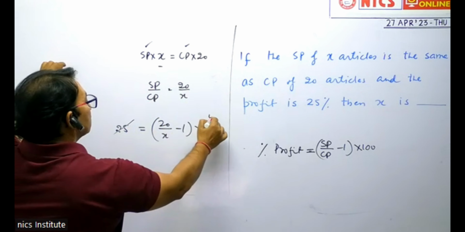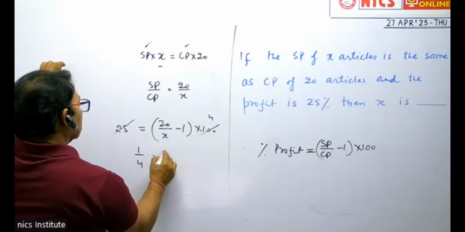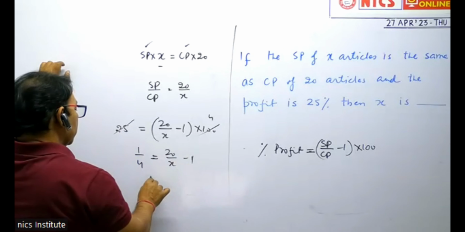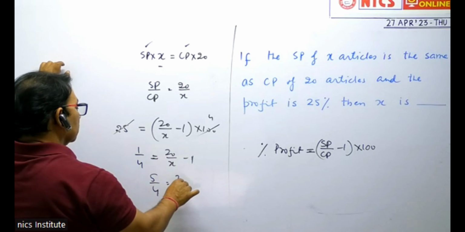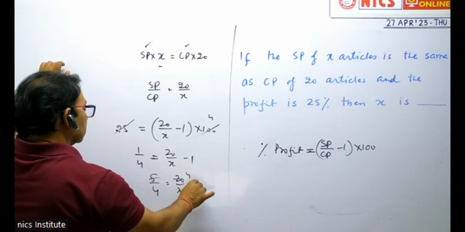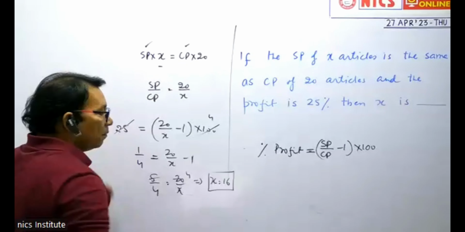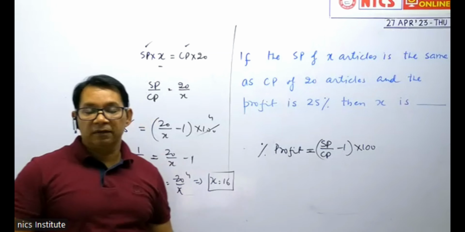This cancels, this is 1 by 4. 20 by X minus 1. We bring 1 to the left side, we get 5 by 4. And the answer is 16. It can't be more than 20 because there's a profit.